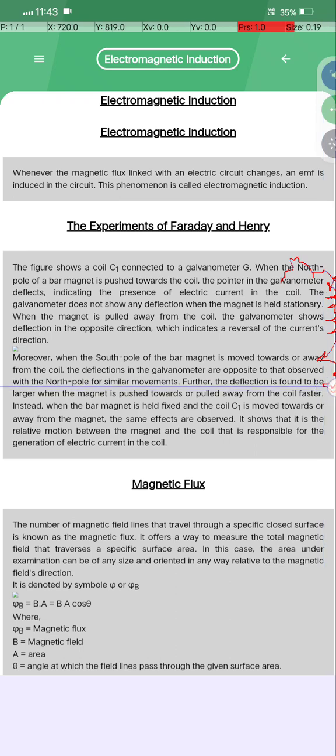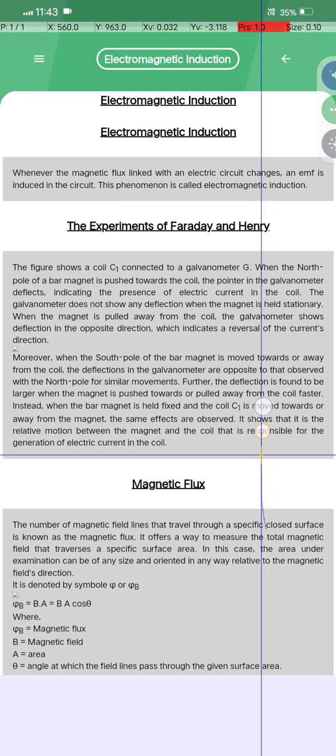Further, the deflection is found to be larger when the magnet is pushed toward or pulled away from the coil faster. When the bar magnet is held fixed and the coil C1 is moved towards or away from the magnet, the same effects are observed. It shows that it is the relative motion between the magnet and the coil that is responsible for the generation of the electric current in the coil.